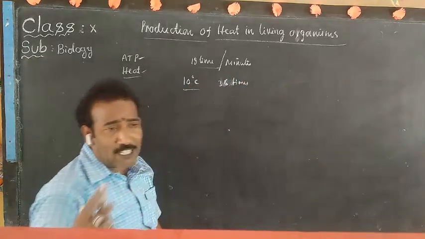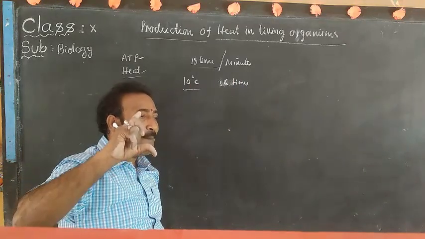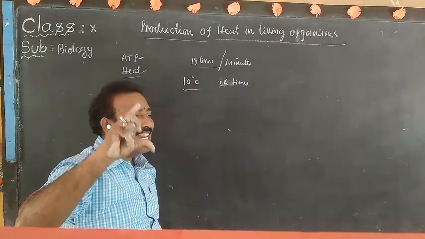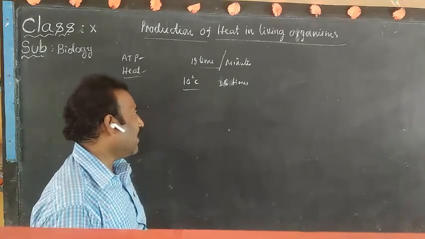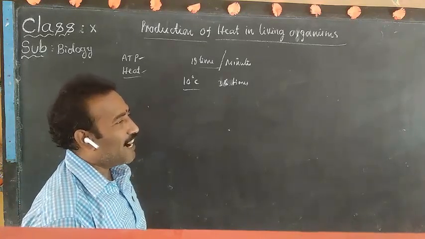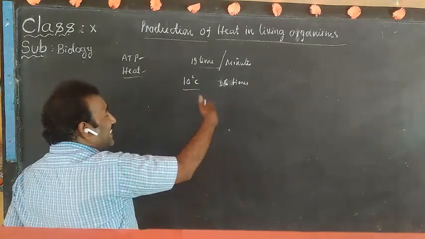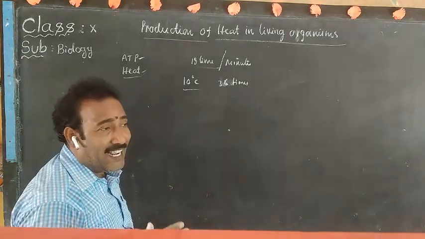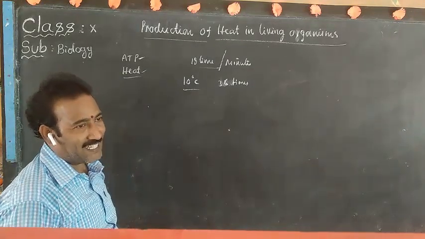So by this we understood that for every 10 degrees Celsius increase in temperature, the rate of respiration doubles. That's why, as temperature increases, the rate of all the metabolic processes gradually increases.